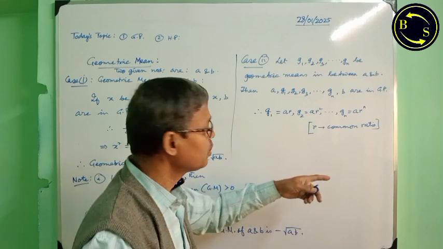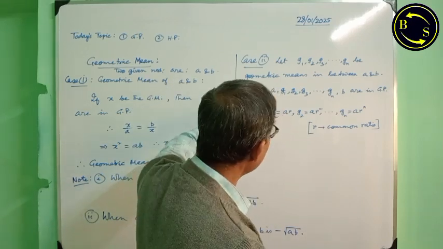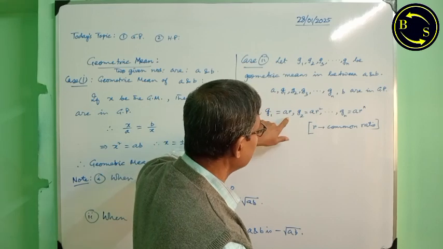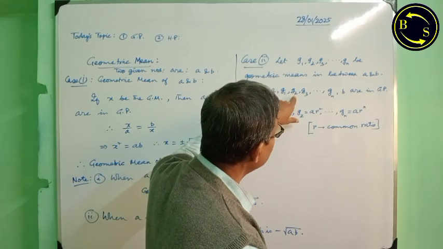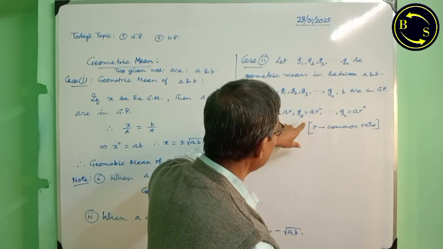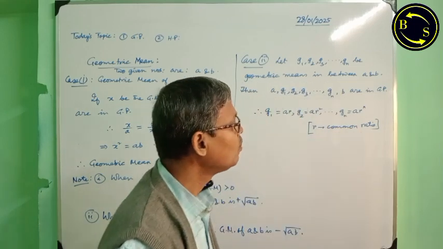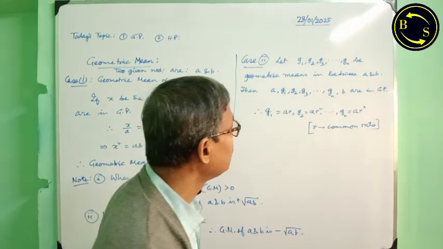Since R is the common ratio, therefore first geometric mean will be R times A. Second geometric mean will be R square times A. Following that, nth geometric mean will be AR to the power n.